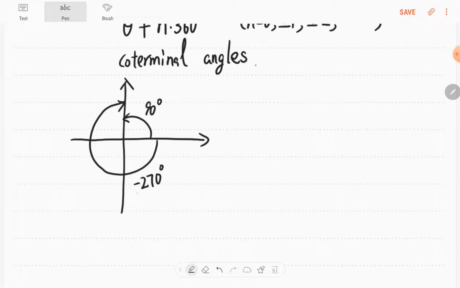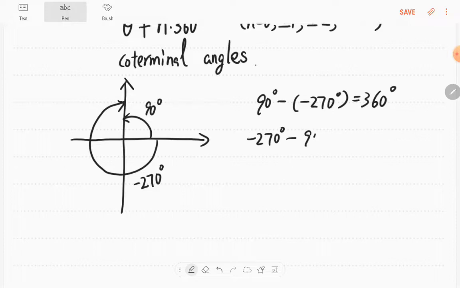This is negative 270 degrees, right? So if you take the difference, you can see this is 90 degrees minus negative 270 degrees, which is equal to what? 360 degrees, right? Or if you take the negative 270 degrees minus 90 degrees, so this would be the negative 360 degrees. So no matter which one you choose, it will always be a multiple of 360 degrees, right?